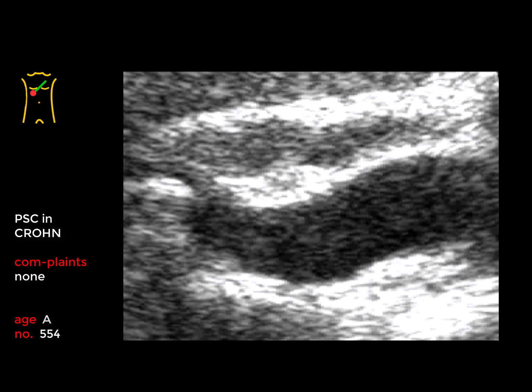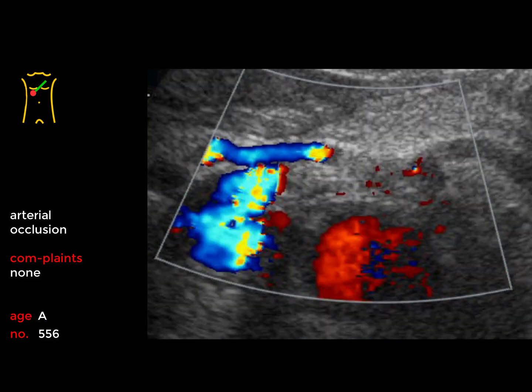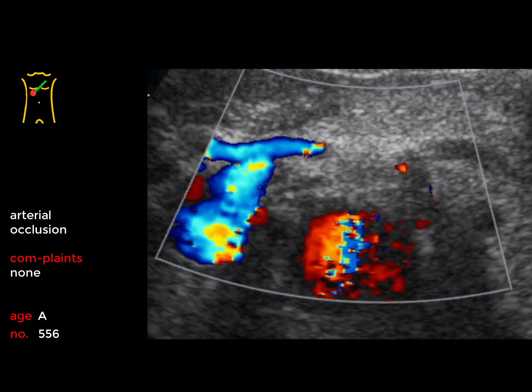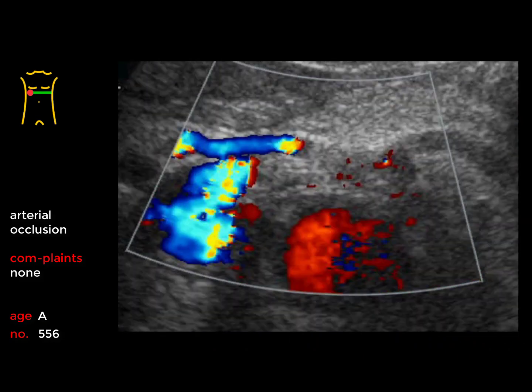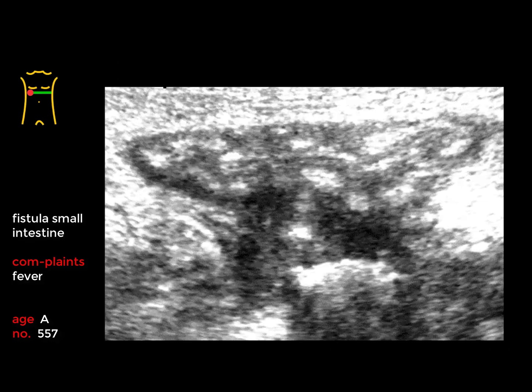In 554, you see a typical complication of long-standing IBD, a primary sclerosing cholangitis, PSC. As well, intrahepatically in 552 and in 556, arterial occlusion again with similar morphological features.